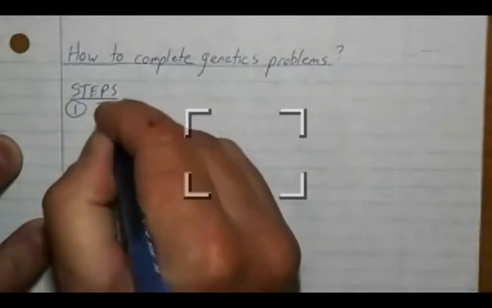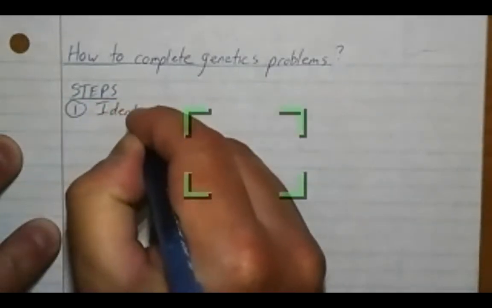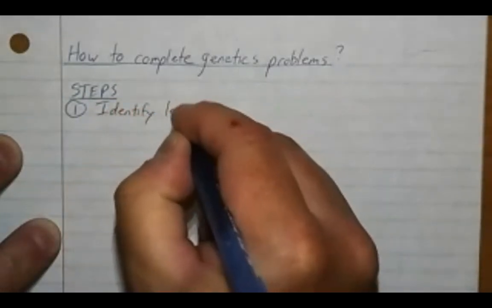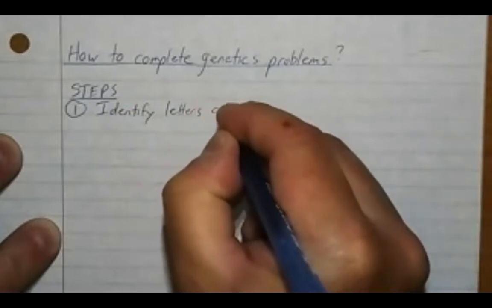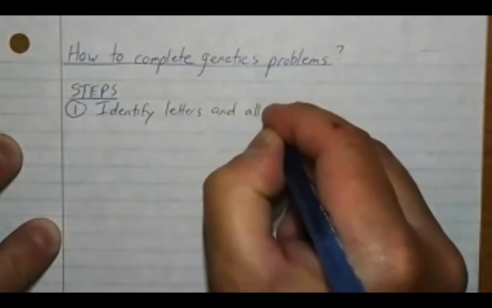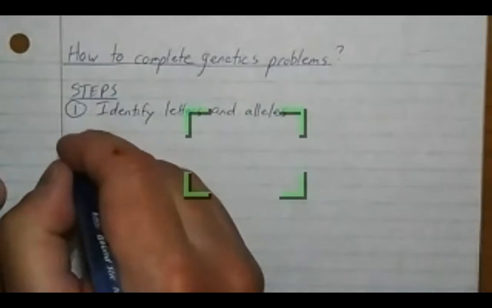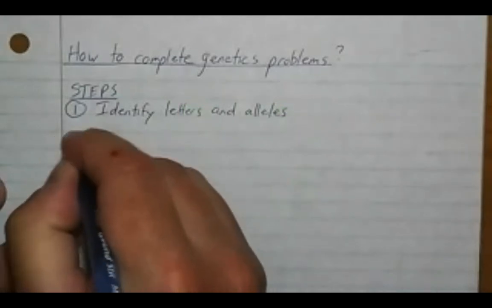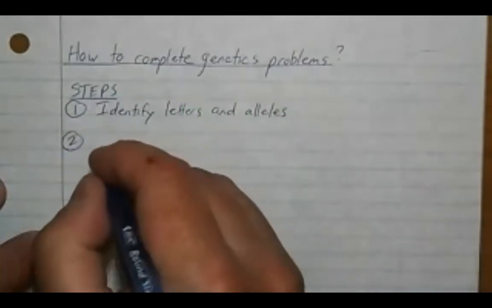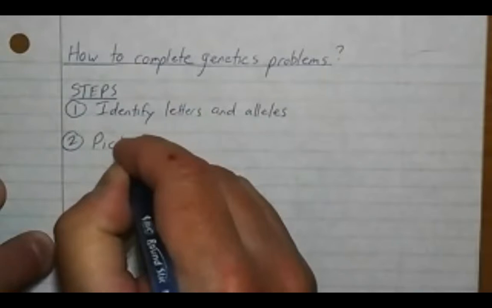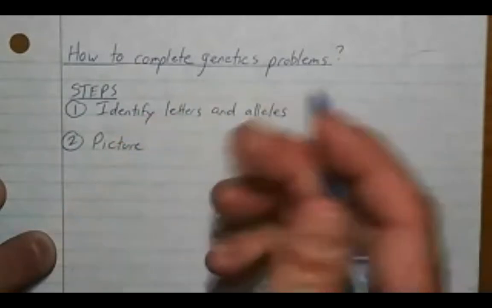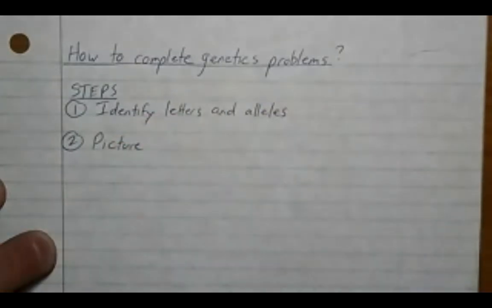All right, the steps. First thing you should do, you should always identify your letters and your alleles. Okay, I'll show you what that looks like in a second. Step 2, picture. I know a lot of people like to try and do this stuff in their head, and sometimes you can't, but I'm telling you, not every problem is straightforward.